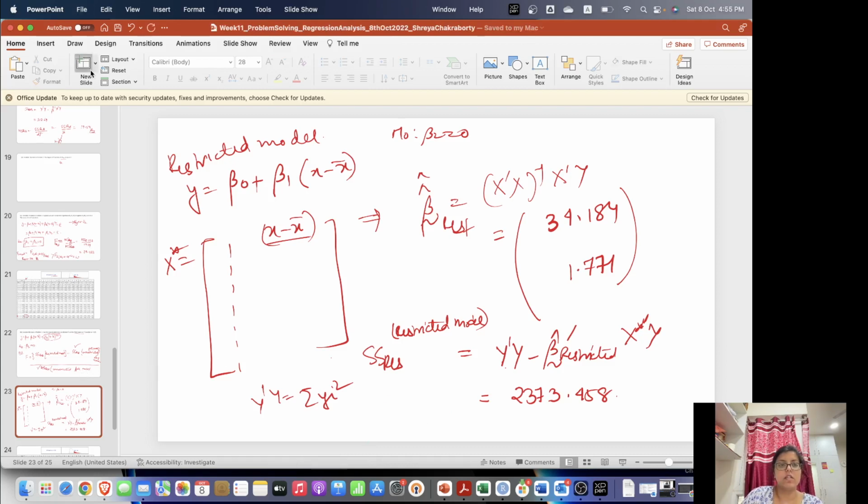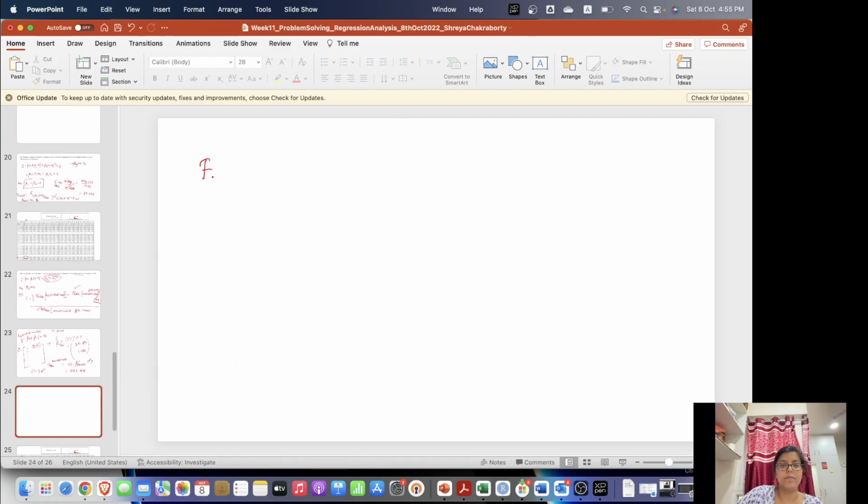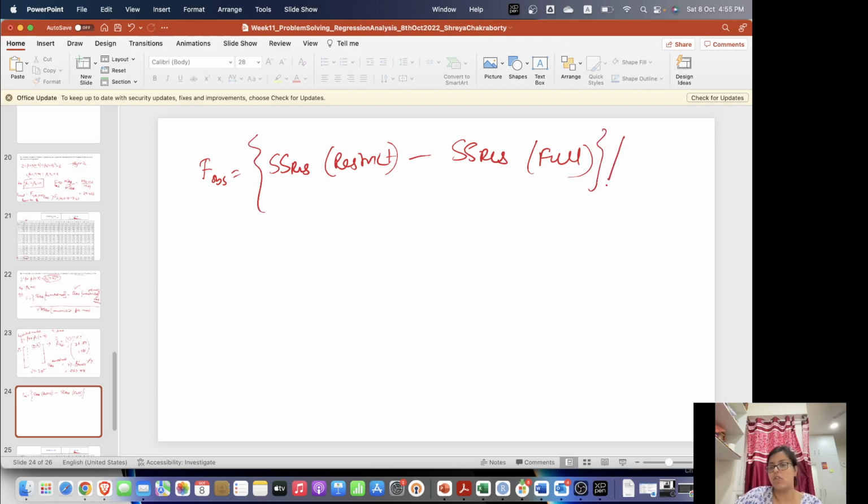We will just use the formula: sum of squares residuals from restricted model minus sum of squares residuals from full model, and we should divide it by how much? What is my r here? 1. Yes, r is 1 since we are testing only beta 2 equal to 0.